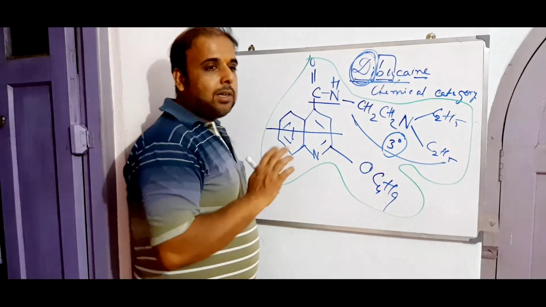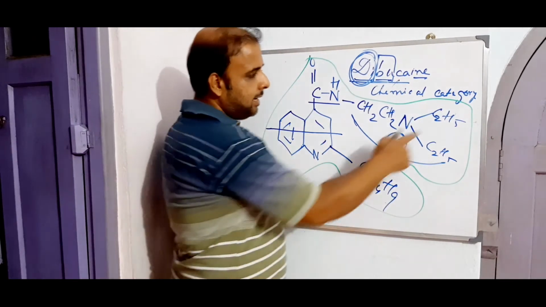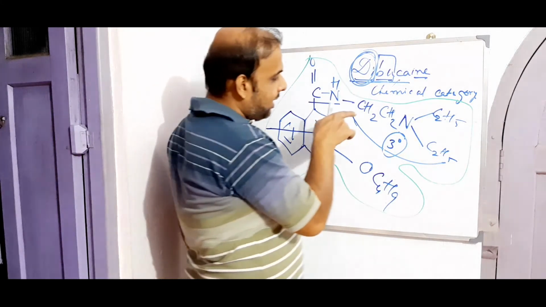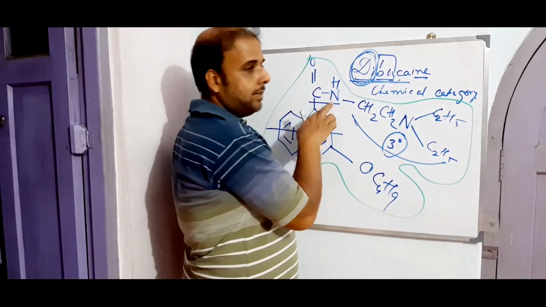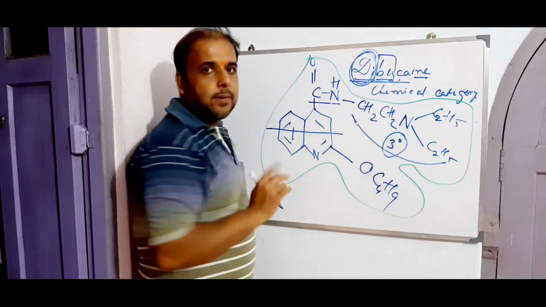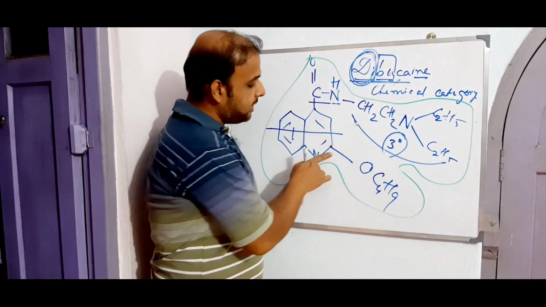Now let us see what substituents are there with this structure. The substituent is diethylaminoethyl, held by the amidic nitrogen. The other substituent is butoxy, placed at the second position.